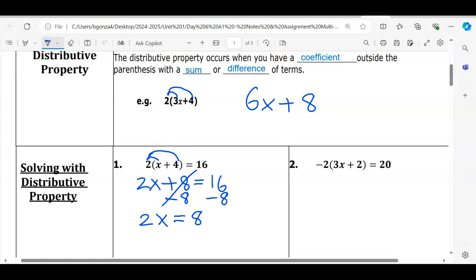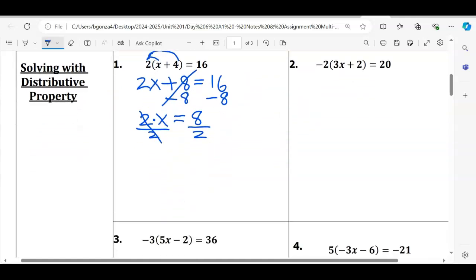Last step. How do I get rid of that 2? Two is in front of x being multiplied, so the opposite will be to divide. Divide. Okay? 8 divided by 2 is 4. Cool.